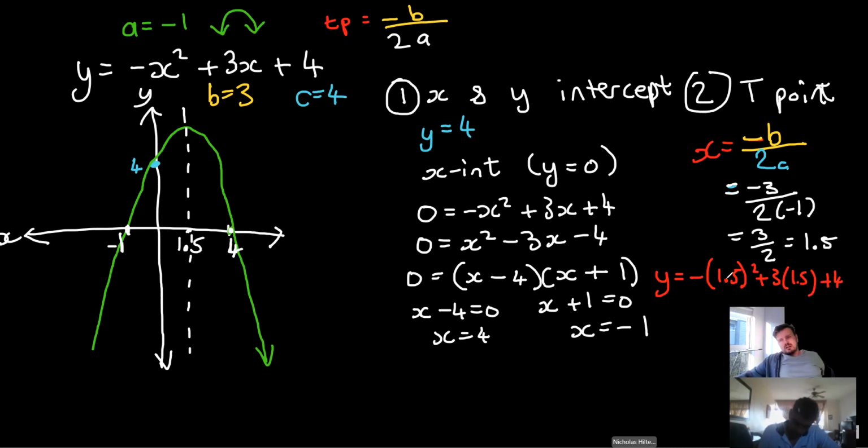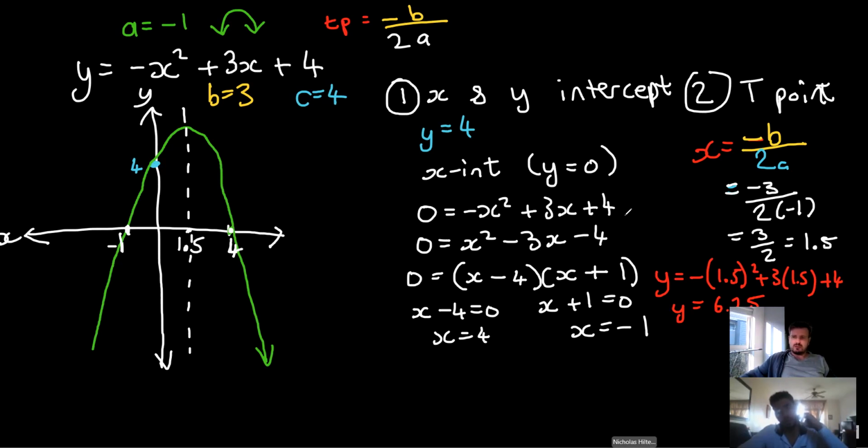Okay, so 1.5 squared, well, we know 225 is 15 squared, so this will be negative 2.25. This would be 4.5, and this would be 4. So it'd be 8.5 minus 2.25, which would be 6.25, right? You can just stick that in your calculator.